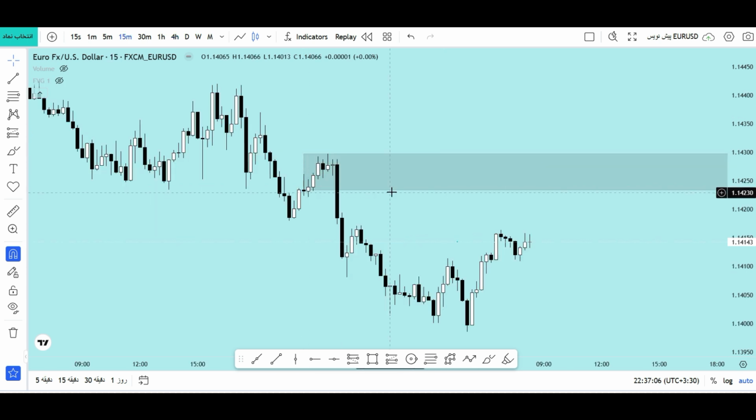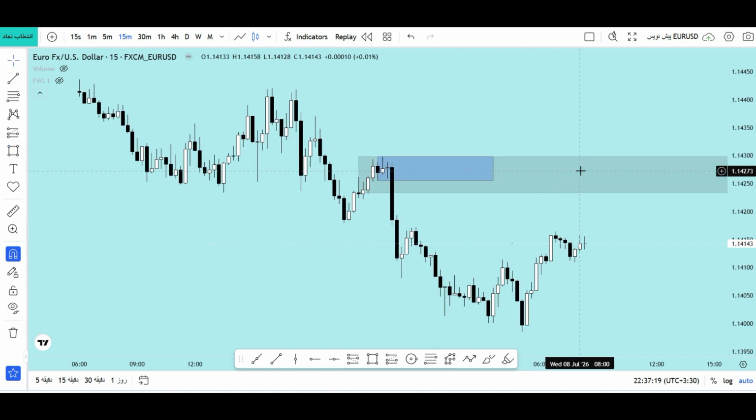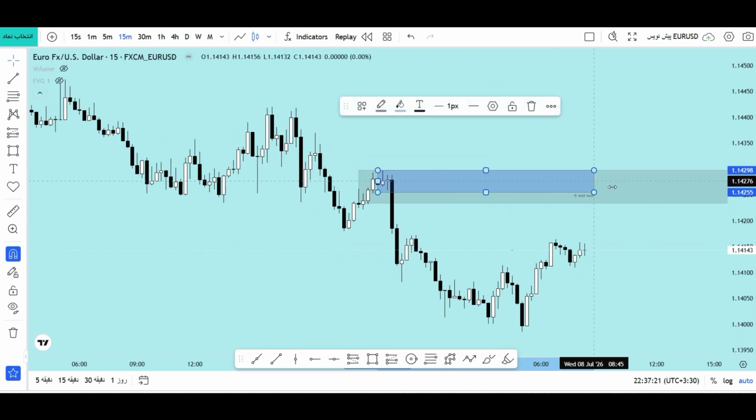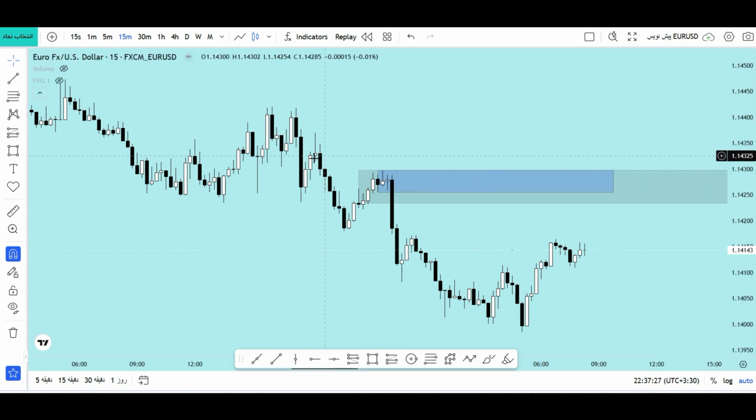We try to refine our POI, and as you see here we have an unmitigated block here, and as you see here is another unmitigated block.